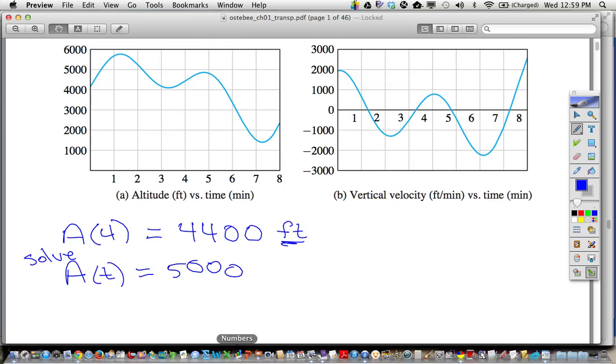When the y value is 5,000, right? How many times does that happen? Twice. So there'd be two solutions to that. Maybe one's about 0.5, the other one's about 2.1 or something. So that would be t. So it'd be t equals 0.5, and maybe t equals 2.1. That's when the balloon is 5,000 feet high.